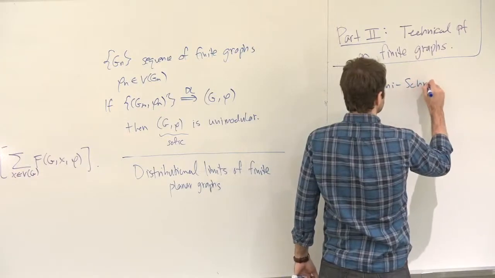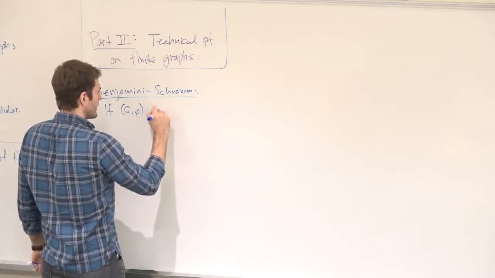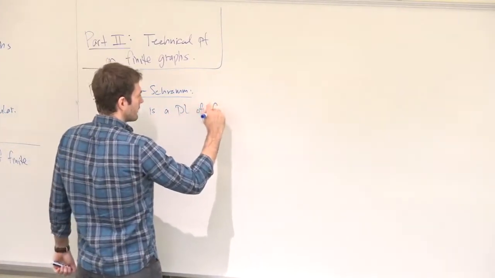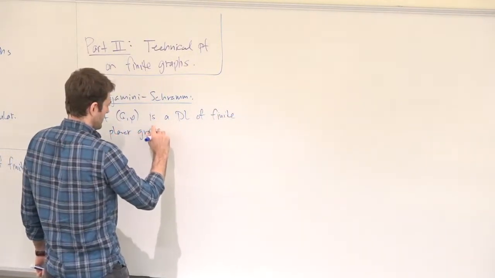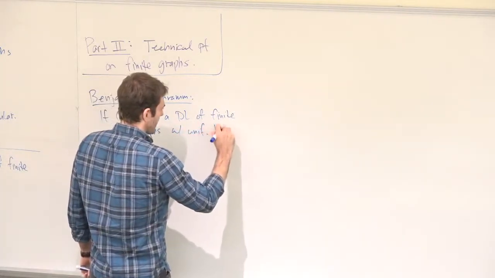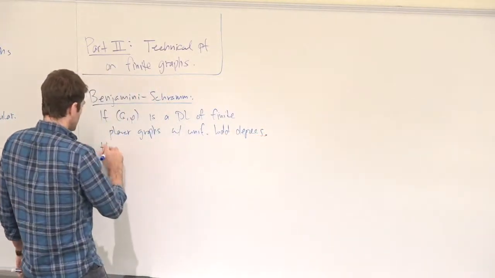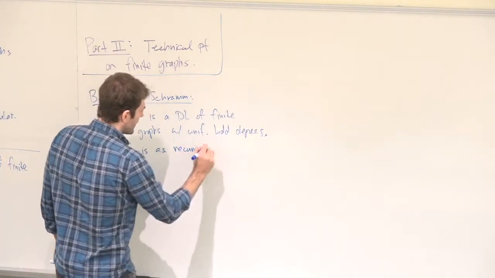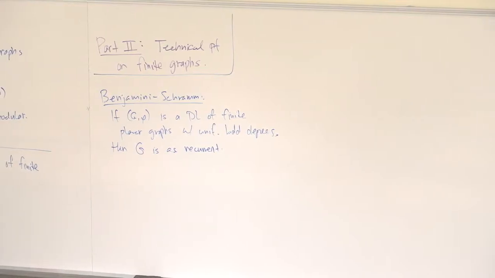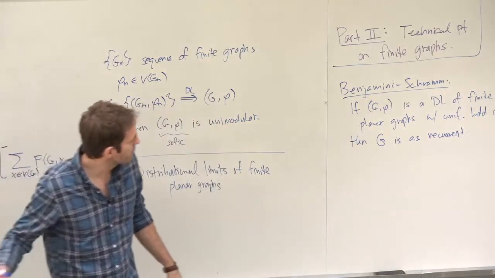If G, rho is a distributional limit of finite planar graphs with uniformly bounded degrees, then G is almost surely recurrent, which means that the random walk in G almost surely returns to its starting point infinitely often. So that's a theorem they proved.